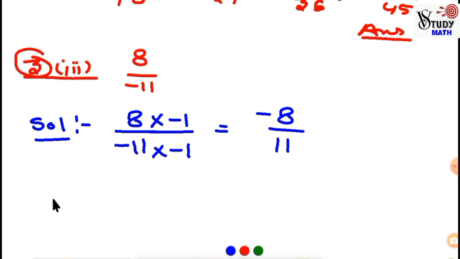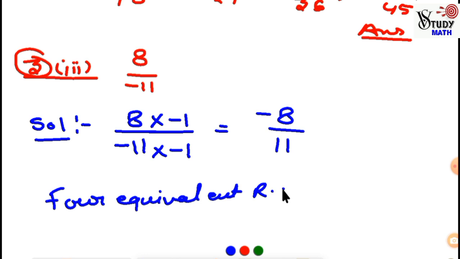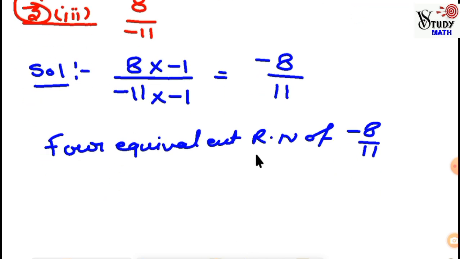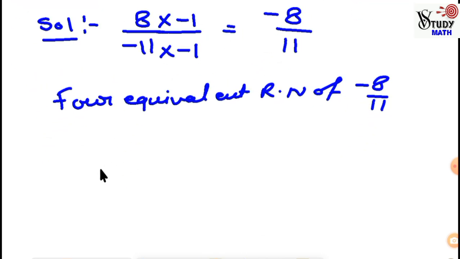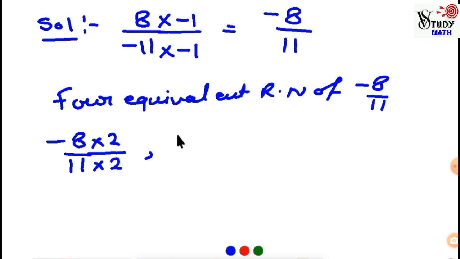Now we have to find four equivalent rational numbers of -8 upon 11. So how can we do this? It is a very simple process. -8 by 11 will be multiplied by 2: we multiply 2 in numerator and 2 in denominator.